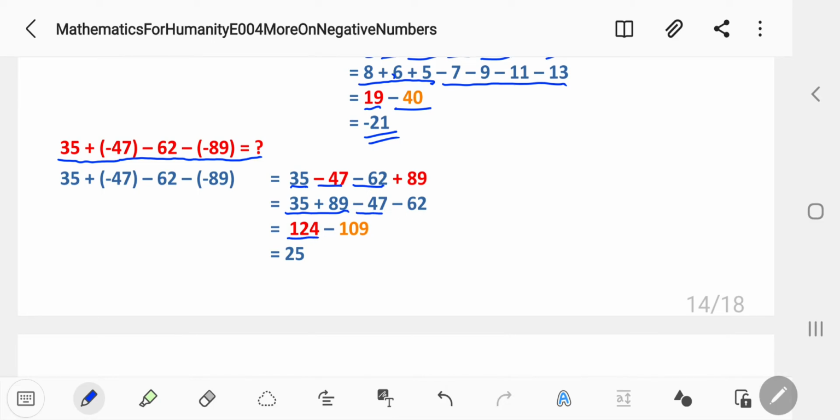And then negative 47 minus 62 is negative 109. So that's 15. So that's how you do it with the negative numbers. It's not that complicated. Negative numbers are part of our lives, and we should deal with negative numbers as much as we deal with positive numbers.